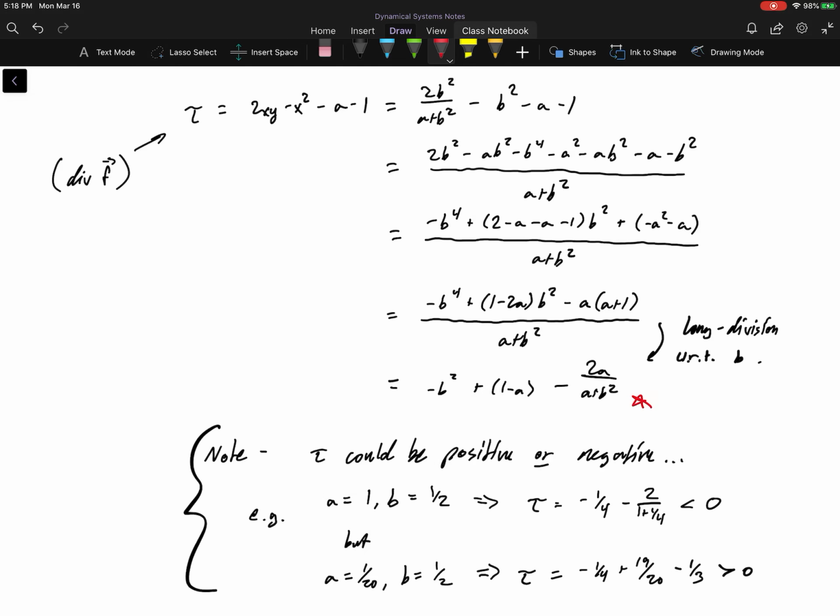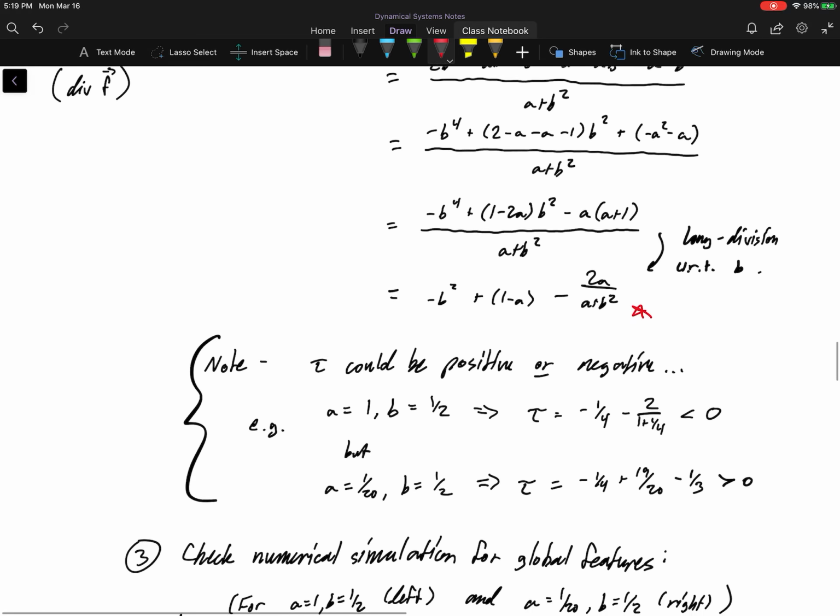Unfortunately, the trace could be positive or negative in this case, and it depends on the balance between the two constants a and b. We've seen this sort of behavior before, where we have to define a boundary curve of different relations between the parameters that force different kinds of behaviors in the system.